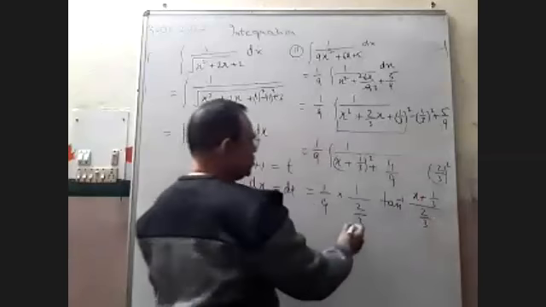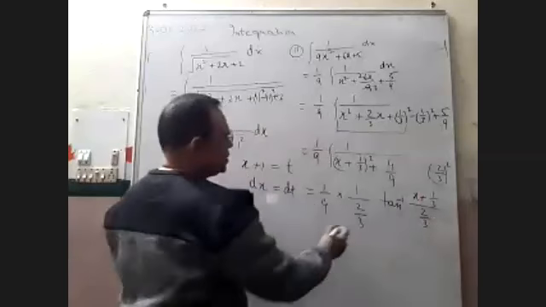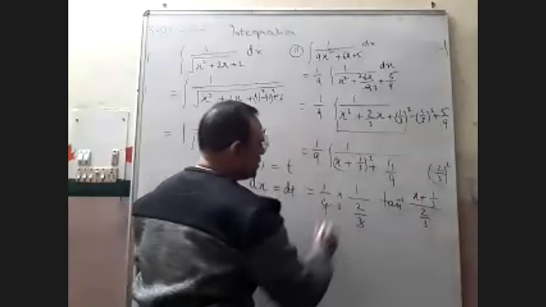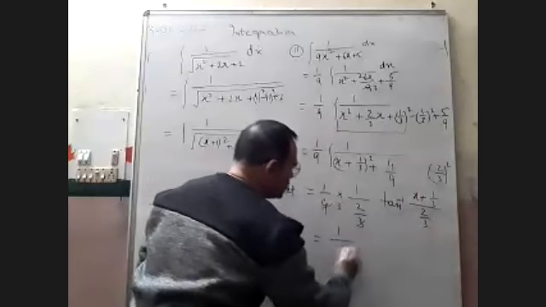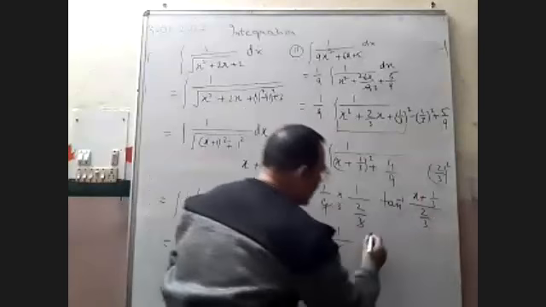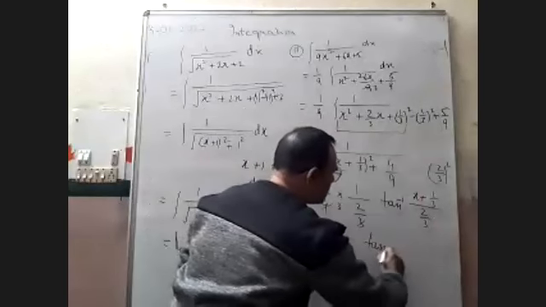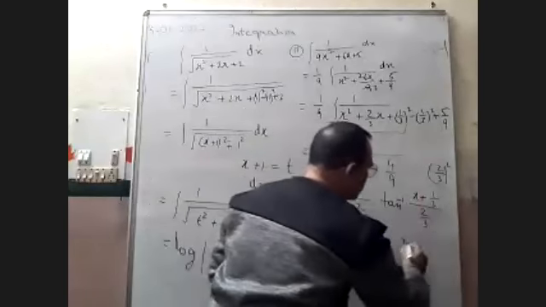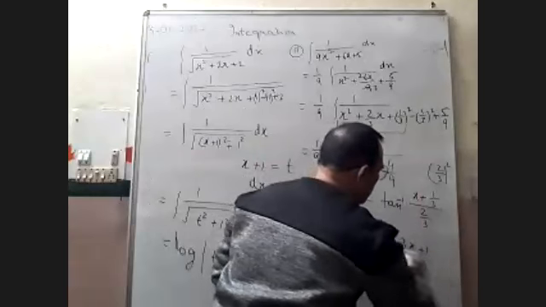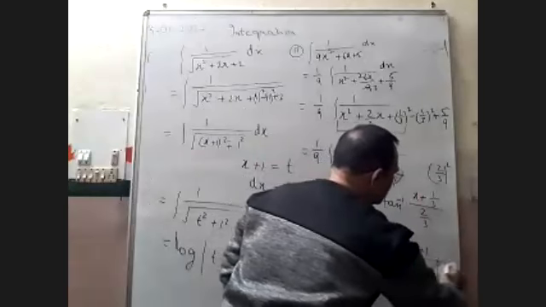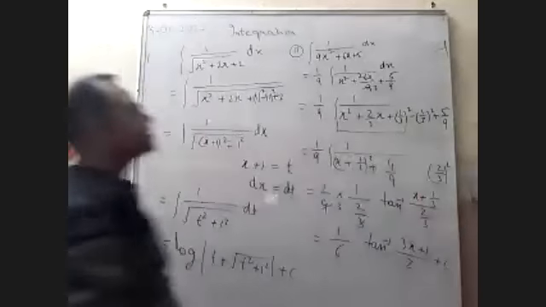So you can cancel this 3 and 9. It becomes 1 upon 6 tan inverse 3x plus 1 upon 2 plus 3. Now the integration has completed.